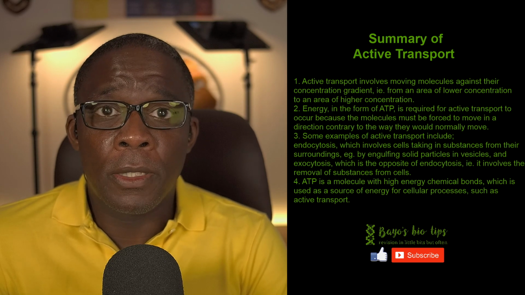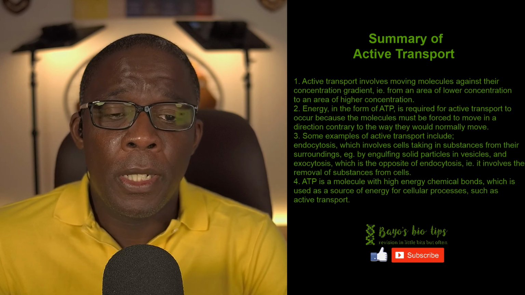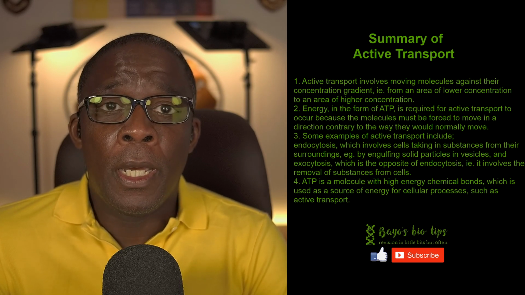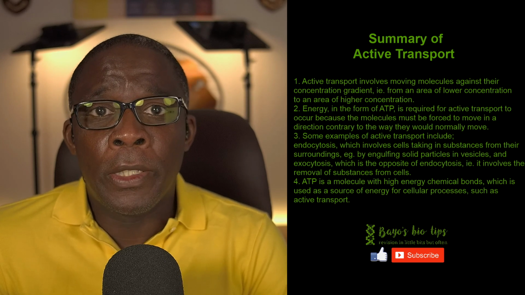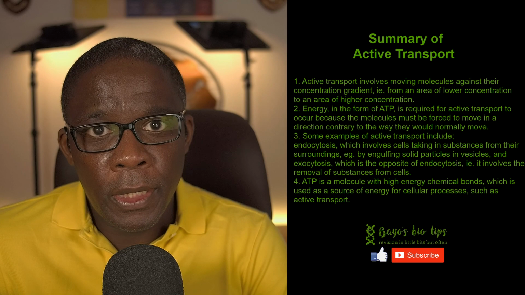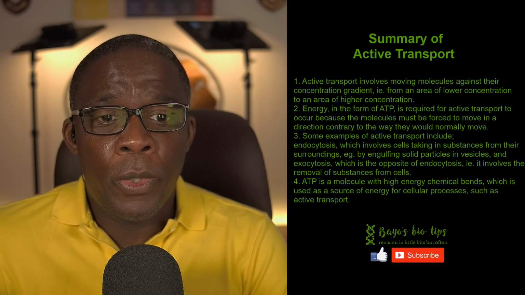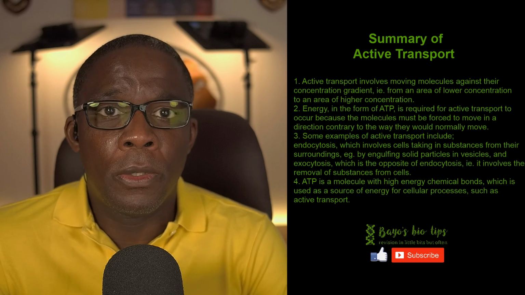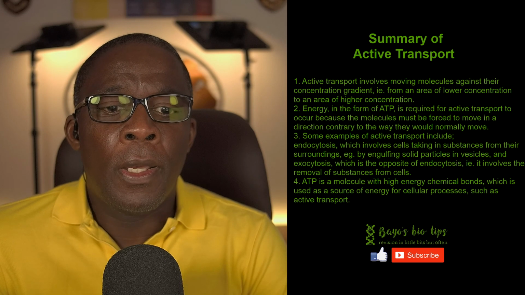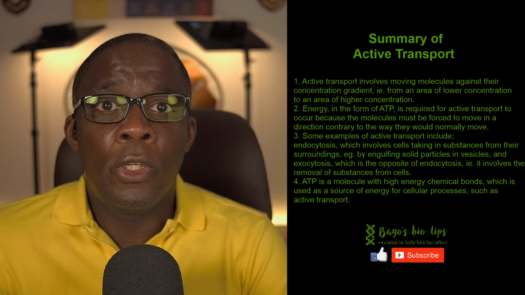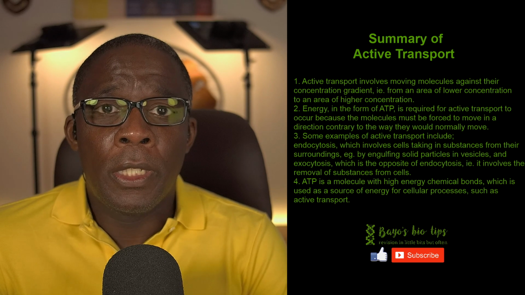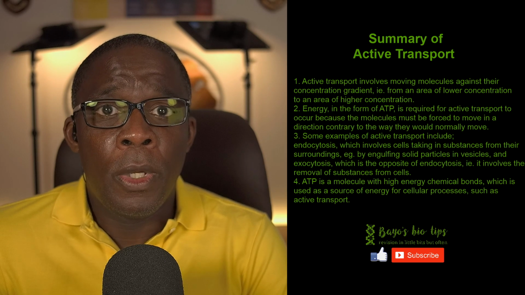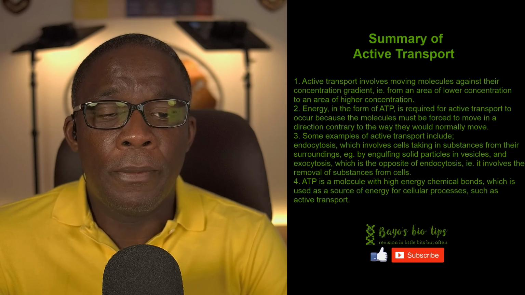And we also talked about some examples of active transport, including endocytosis, which can then be broken down into things like phagocytosis and pinocytosis and receptor mediated endocytosis, all of which are examples of active processes which bring molecules or particles into cells. And then we talked about exocytosis, which is the opposite of endocytosis. It's how cells remove particles or molecules from within them into the extracellular fluid surrounding them.